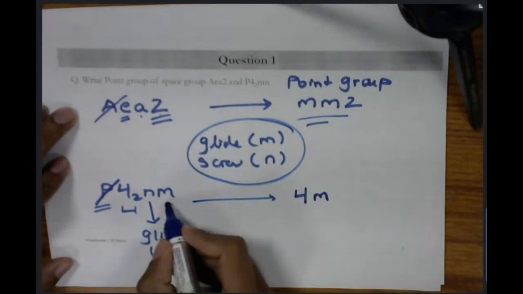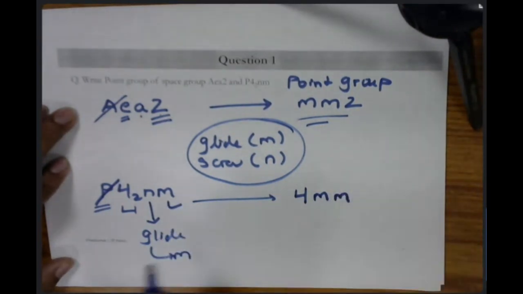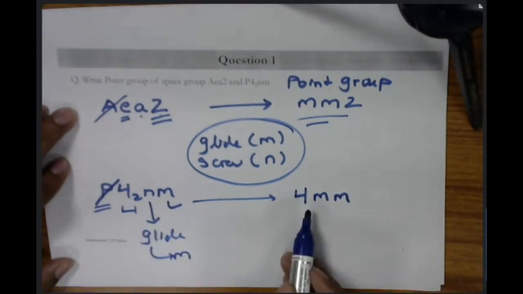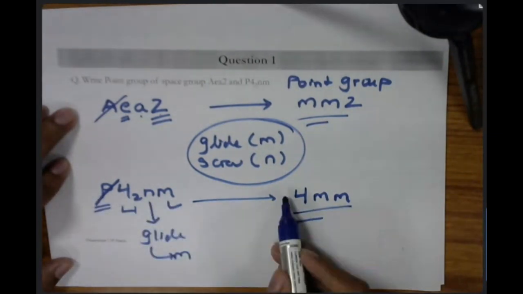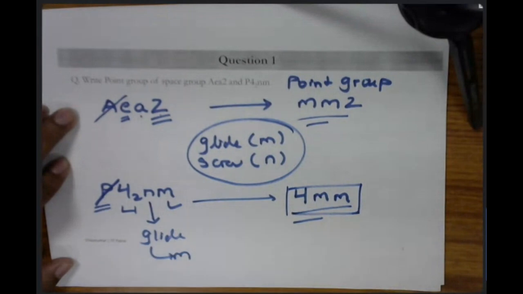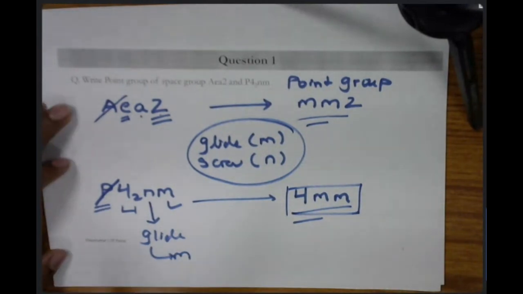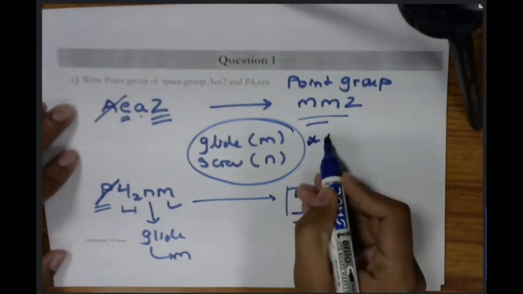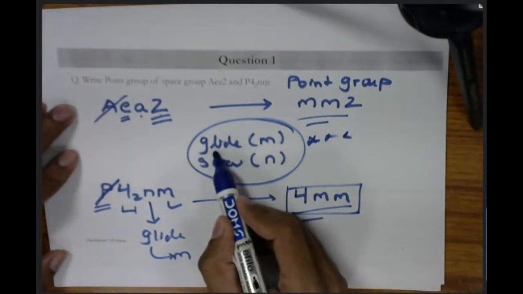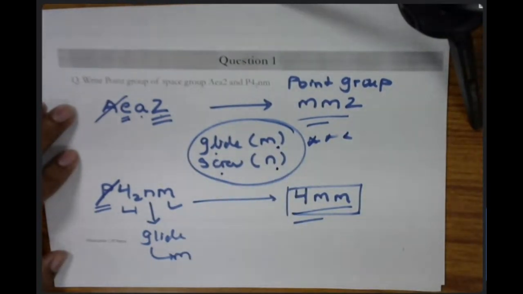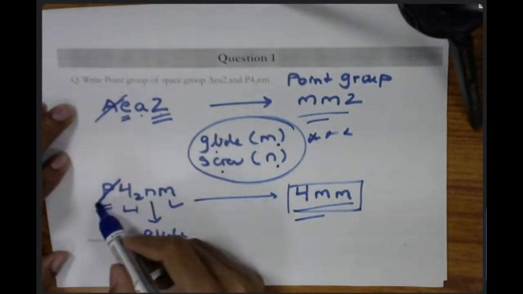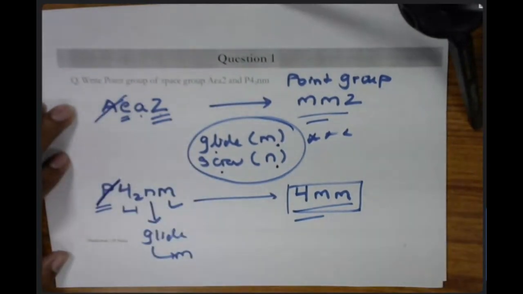Then there is a mirror, which we write as m. So the point group of P4_2nm will be 4mm. Just keeping in mind that we need to convert the glide to a mirror and the screw to a simple rotation, and eliminate the centering information, we can solve this question.